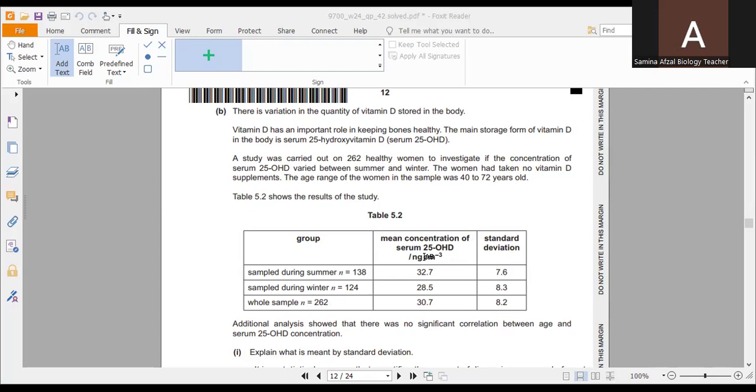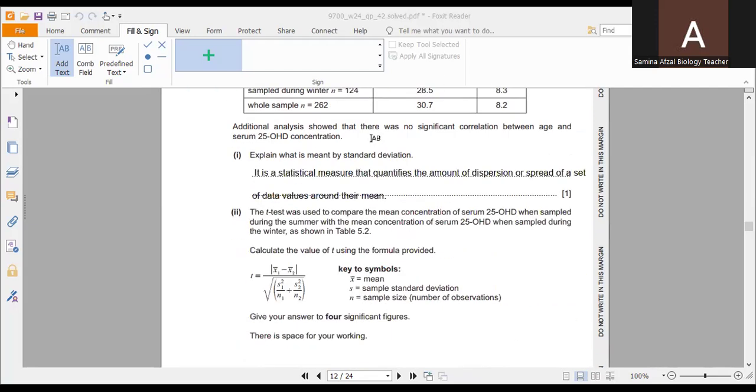The mean concentration of serum 25 OHD is 32.7 and 28.5, and the standard deviation is 7.6 and 8.3. So in this way, they have given us the different values of the concentration. Additional analysis shows that there was no significant correlation between age and serum 25 OHD concentration.